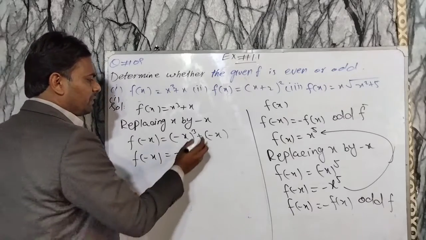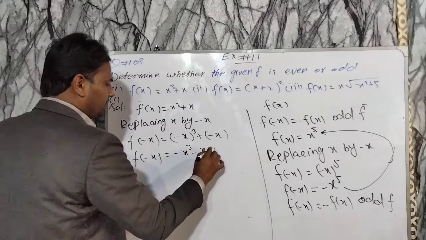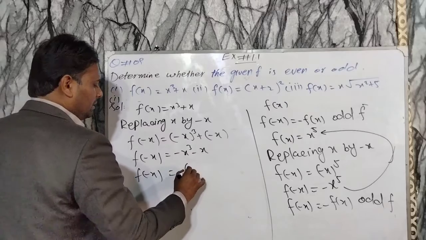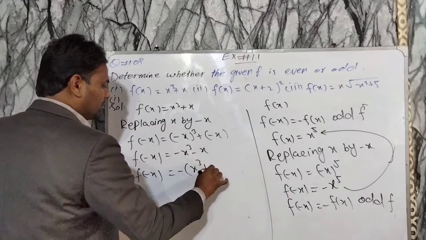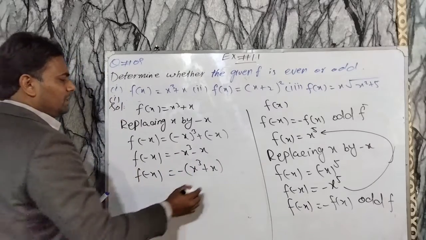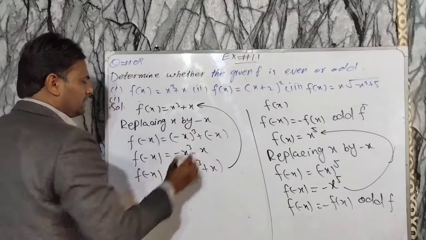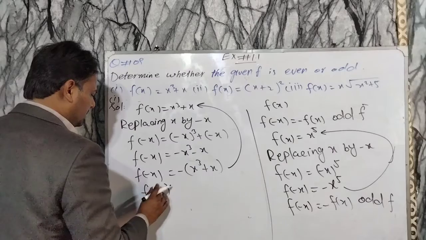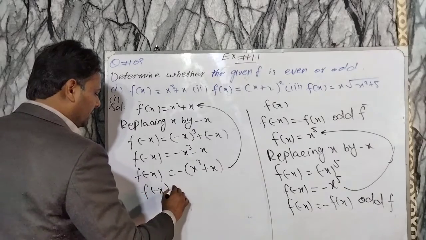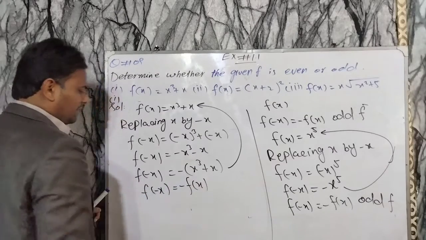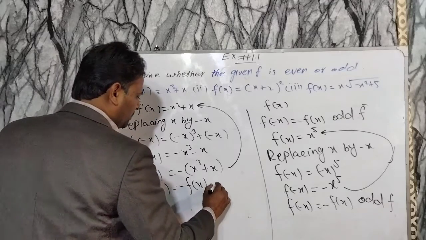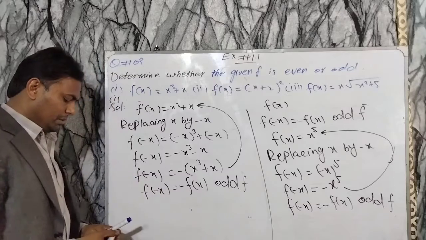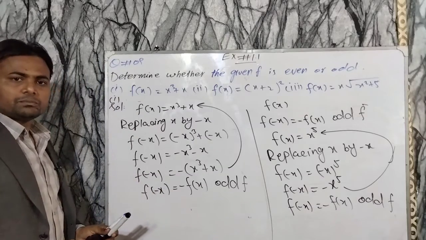This will be negative, positive negative becomes negative. Now we take the common negative, it becomes positive, and x also becomes positive. Now we look at this one. We have the first form of this function, and outside of this function there is a negative sign, so negative f of x. This function is said to be an odd function, as I told you before solving this example.